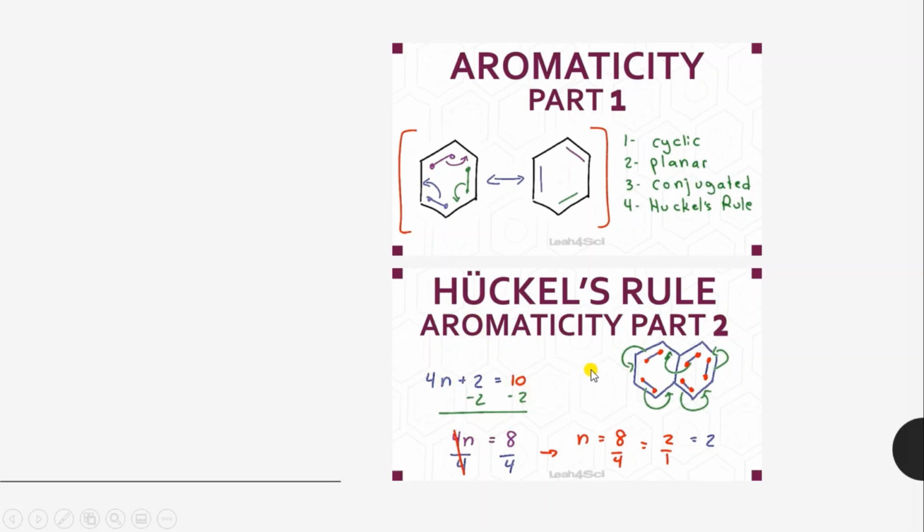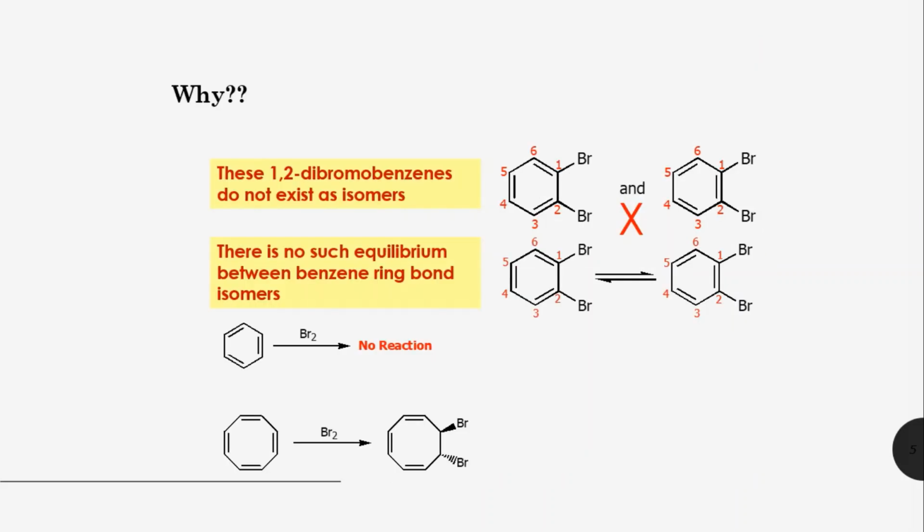That is the least possible ring compound showing the aromatic character. So that obeys the 4n plus 2 rule. If I put 0 for n, that will be 4 times 0 is 0 plus 2, which equals 2. So it means that the very first aromatic compound is possible with 2 pi electrons.